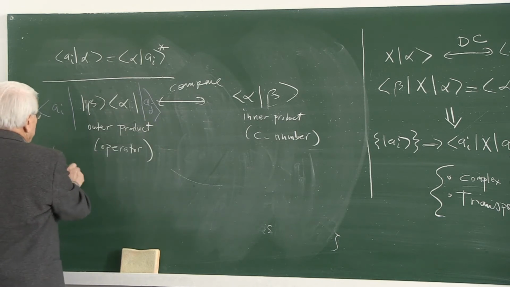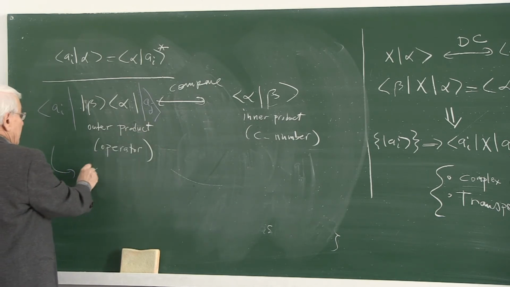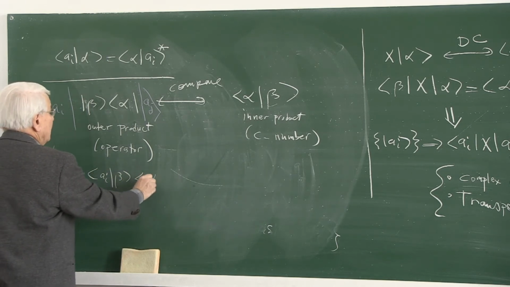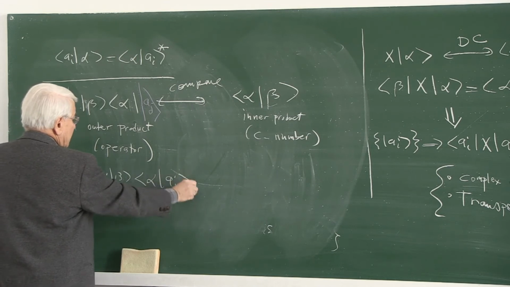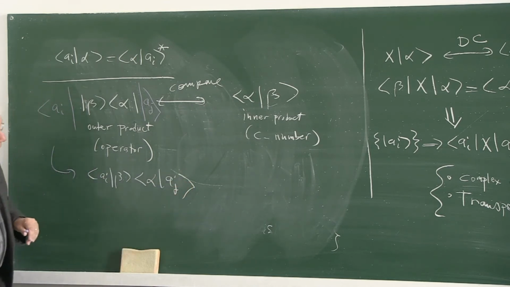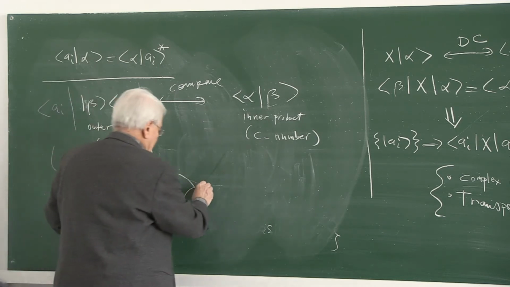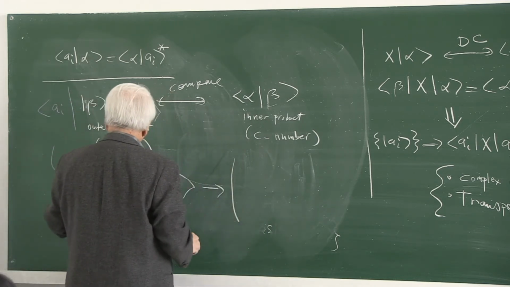If so, then what do you get? a_i beta, and alpha a_j. Question: is this a matrix indeed? If I call it, say, X_ij, is this a matrix? It's indeed a matrix. And what is the matrix representation? It is the following quantity.